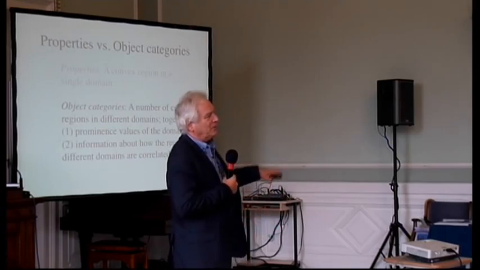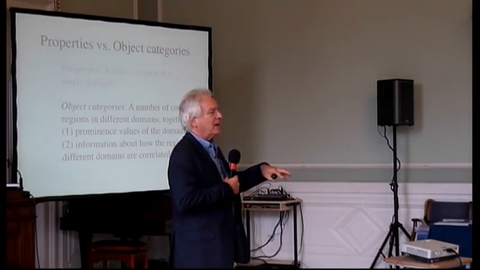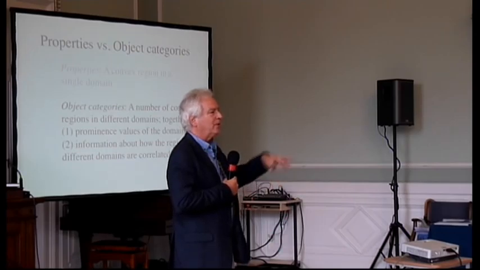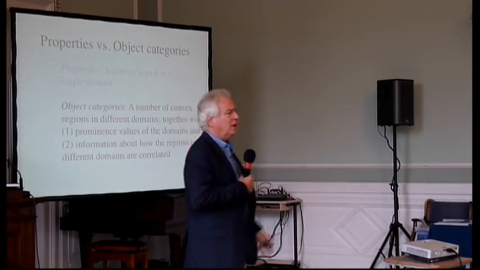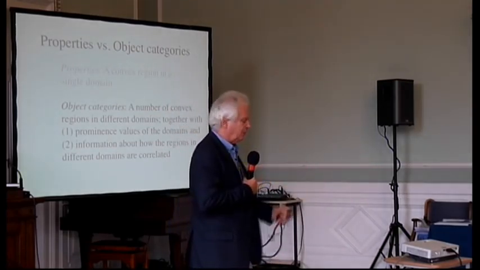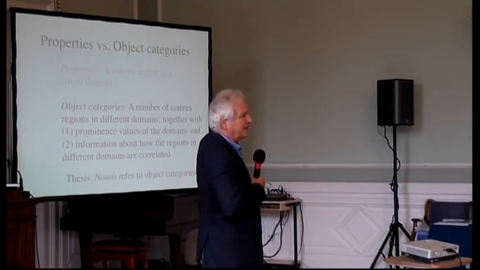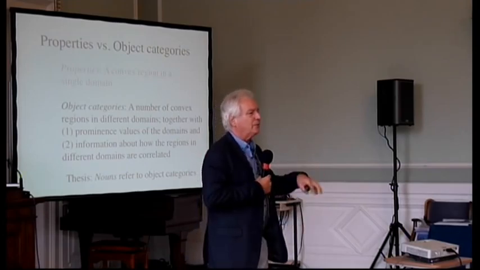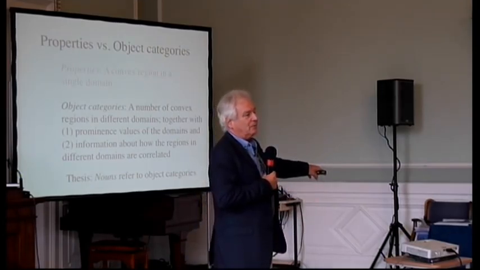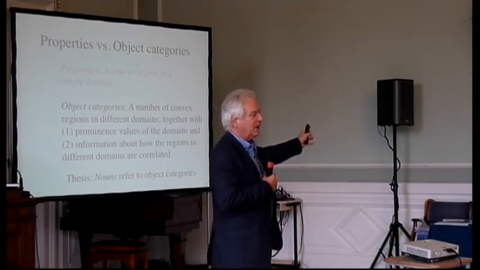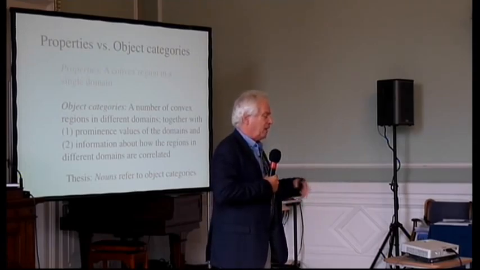So object categories for me contain information about several domains and bring out correlations between that information. My simple analysis here, a rule of thumb, is that nouns refer to object categories. I don't want to talk about abstract nouns, but we can look at how children learn words.